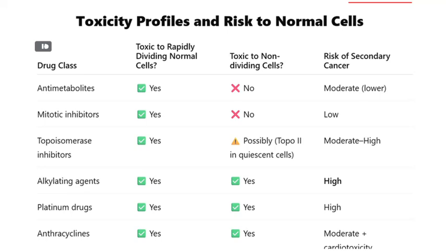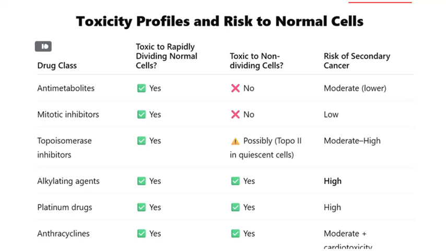These act primarily on the M phase of the cell cycle, and therefore inhibit mitotic spindle function by interfering with microtubule formation or microtubule function, and thus they inhibit mitosis in rapidly dividing cells. So they have a low risk of secondary malignancies, and they are also not toxic to non-dividing cells.